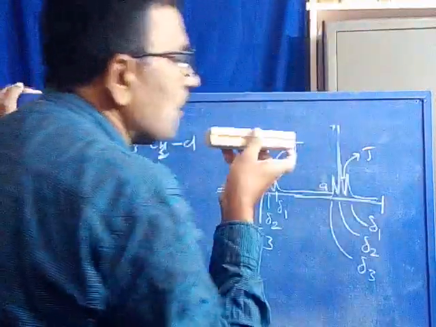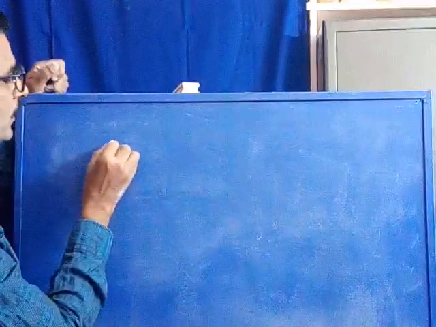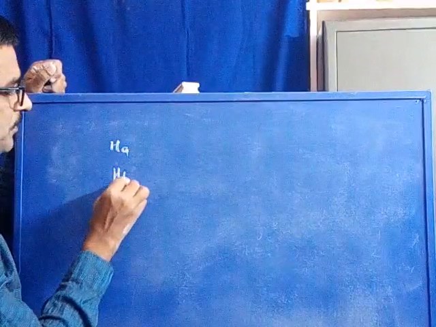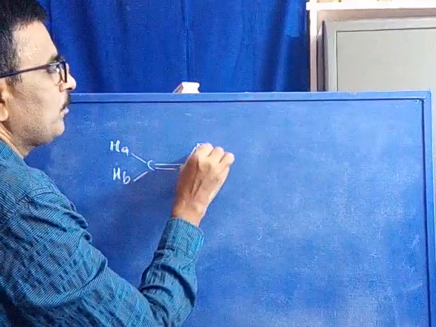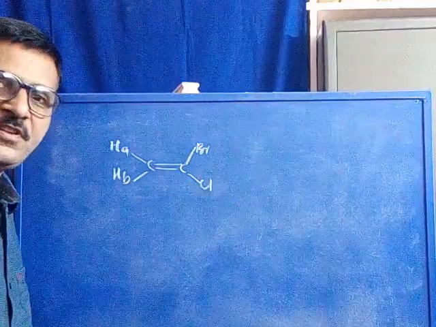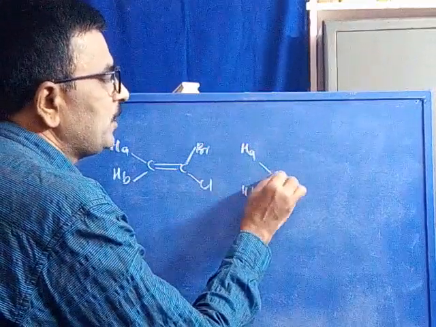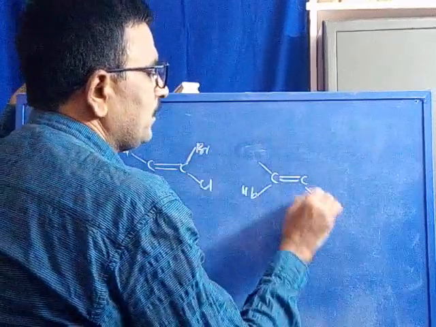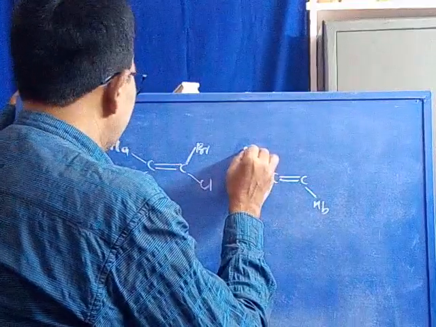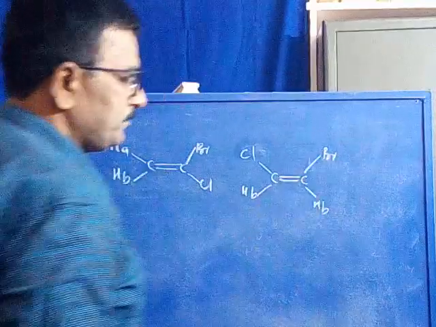Example: we have Ha hydrogen and Hb hydrogen on a carbon with a double bond, with bromine and chlorine. This is one isomer. Then another, Ha hydrogen, Hb hydrogen, double bond, with Hb hydrogen, chlorine and bromine.